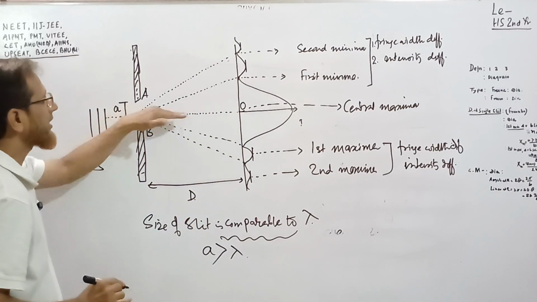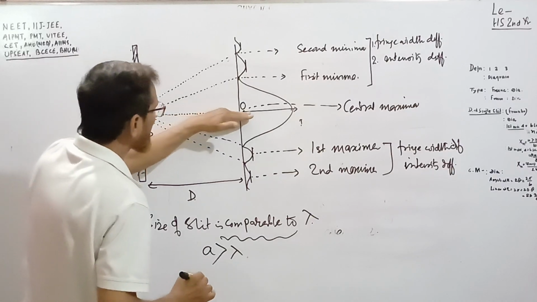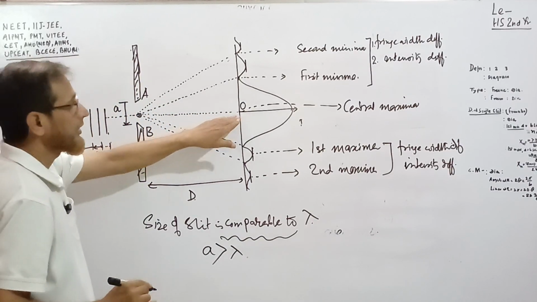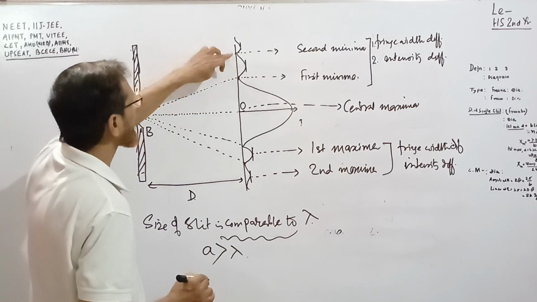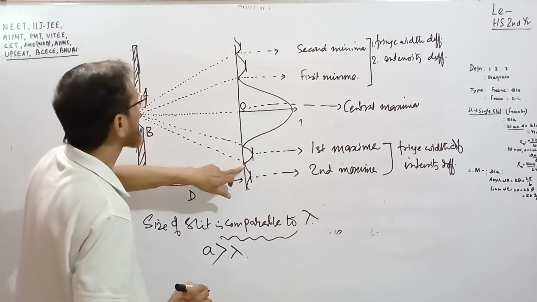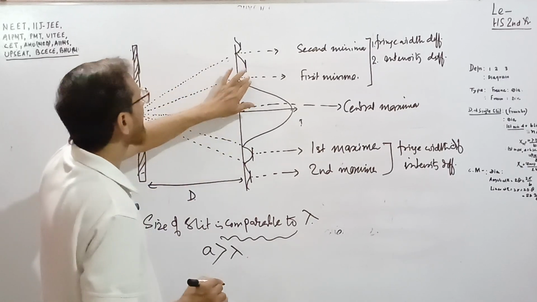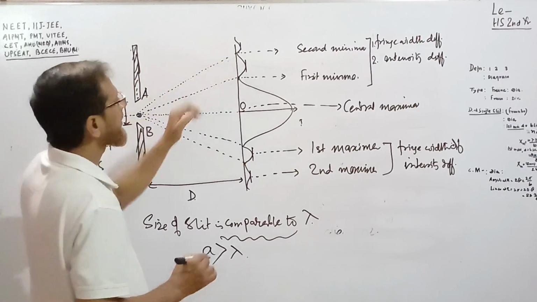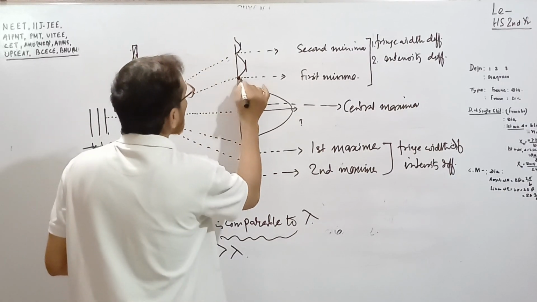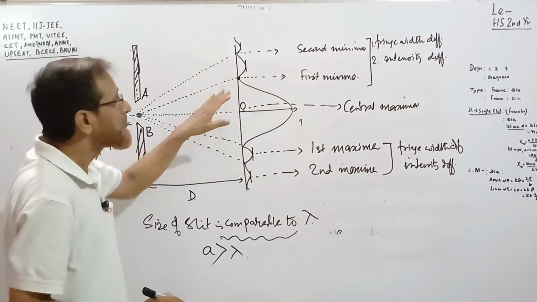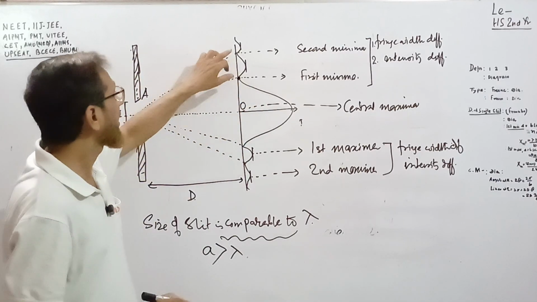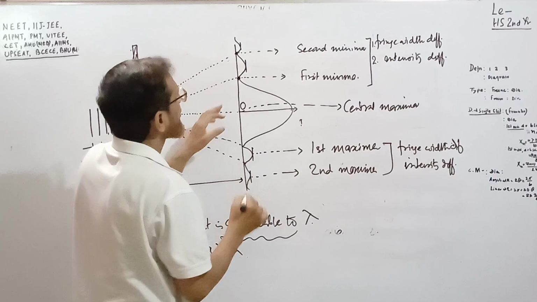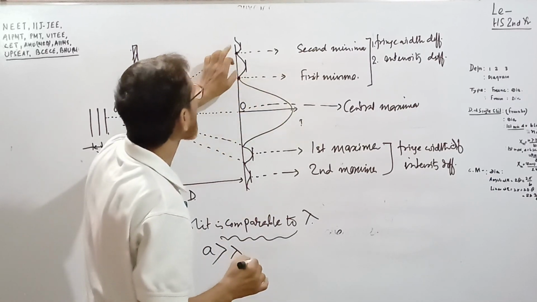Here we get the central position at O, called the central maxima, and at the extremes, this point and that point, this is the first minima and this is the second minima. At the minima there is destructive interference, which means a dark fringe occurs here, and again a dark fringe occurs here.